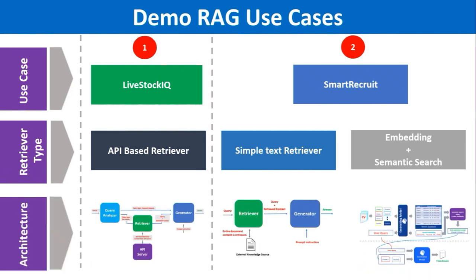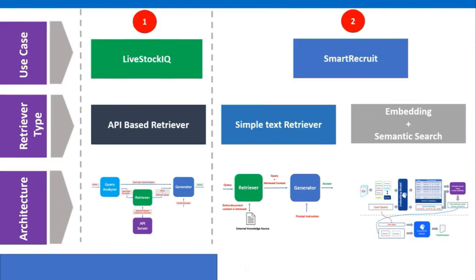The first use case which we are going to talk about is Livestock IQ. This use case utilizes an API-based retriever to fetch livestock price. The second use case which we are going to talk about is Smart Recruit. This use case leverages a simple text retriever plus an advanced retriever based on embedding and semantic search. All right, so let's get going.